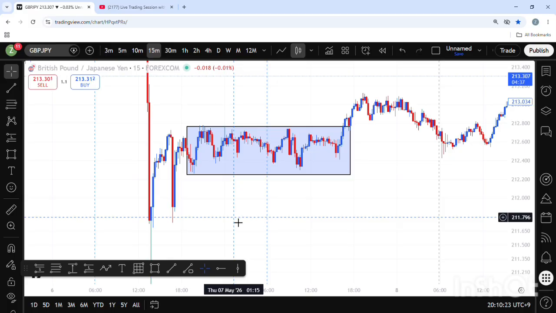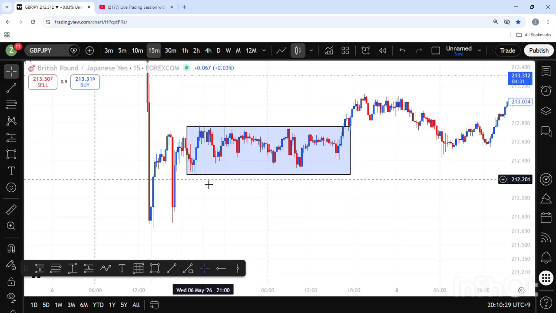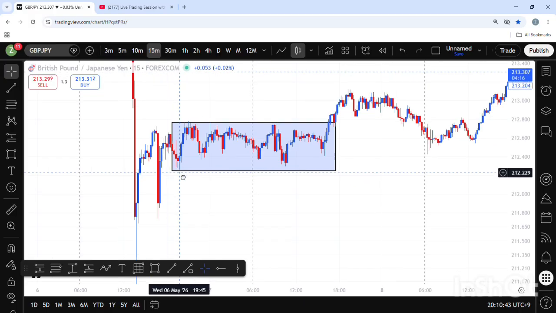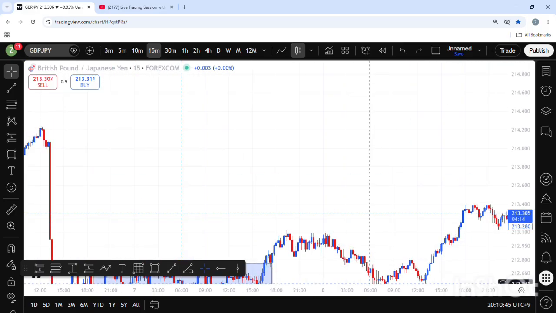On the other side, equal low means the market is selling to a certain point, then it tries to push up, goes back again to the same point, pushes up again, and that's what we call equal low. Rarely will you have both at the same time. You can either have equal high or equal low.